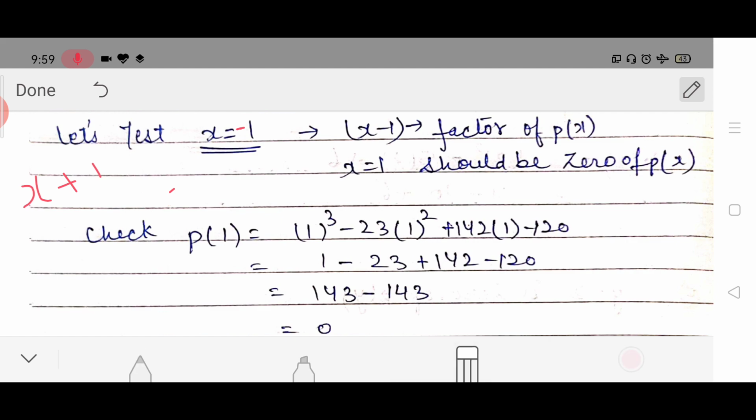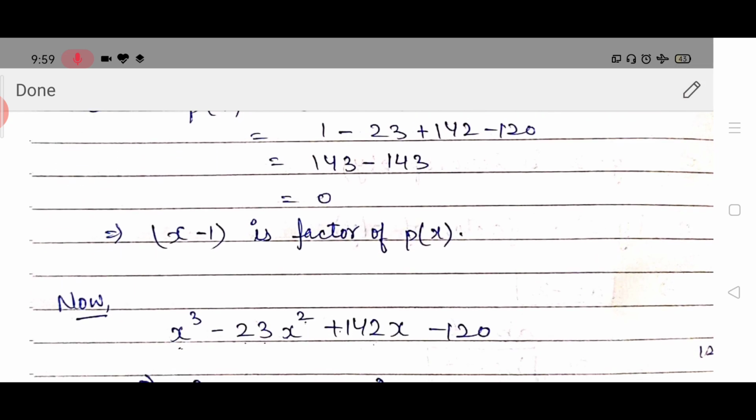Our first case is that you have to check the value of the polynomial at -1. If it is -1, then x -1 is the factor and x is equal to +1 is the zero. After putting the value of 1 in the polynomial, you get the answer 0. That means our assumption was right.